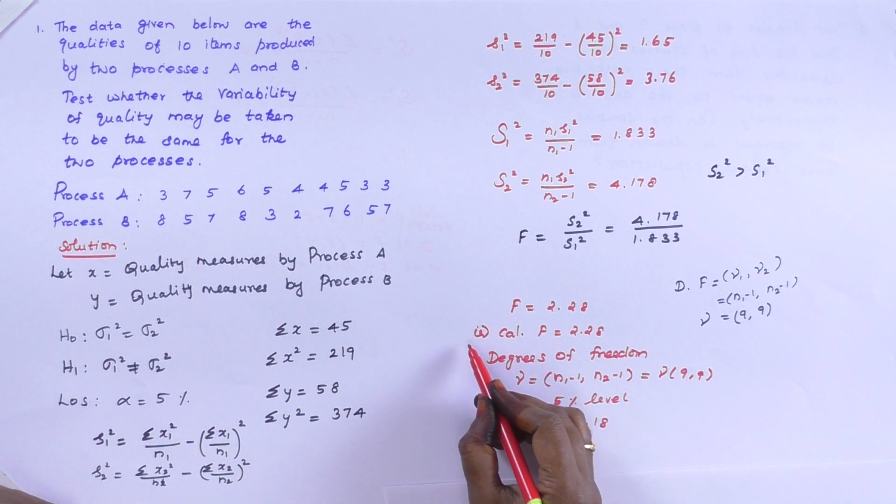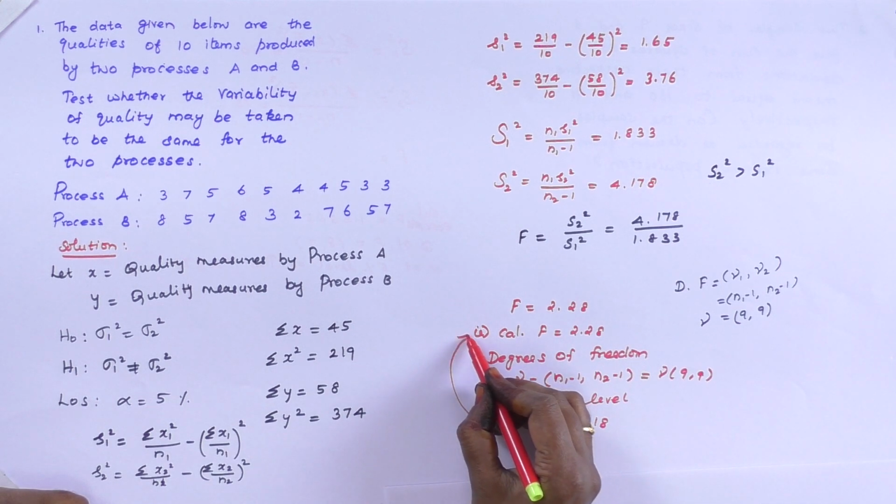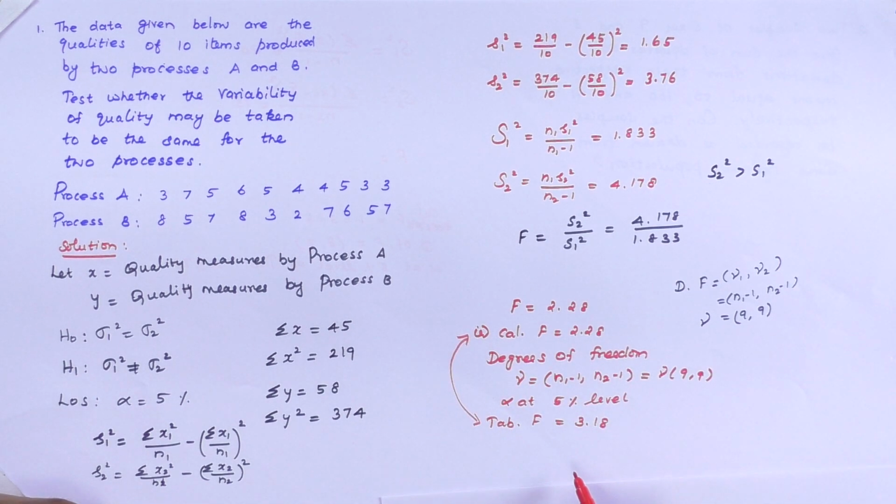Now, comparing our calculated value of F with our tabulated value of F, we conclude that the calculated F is less than the tabulated F. Already we know that the calculated value is less than the tabulated value, which means we accept H0.